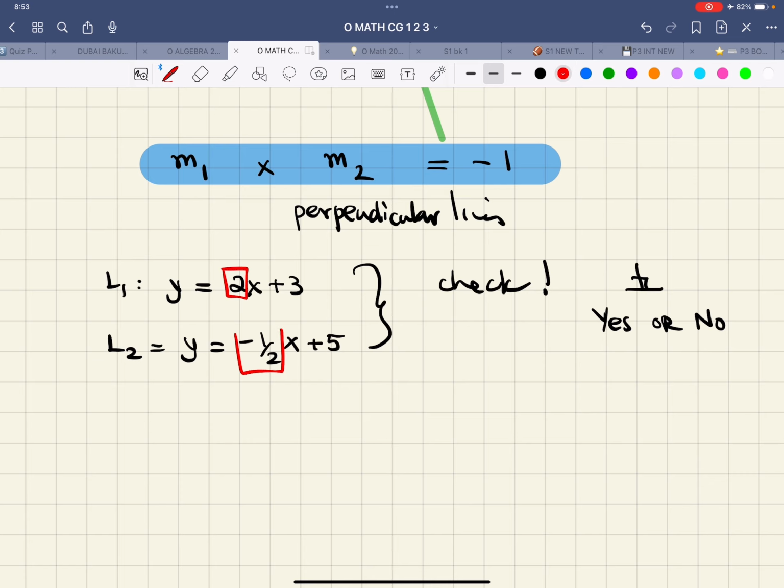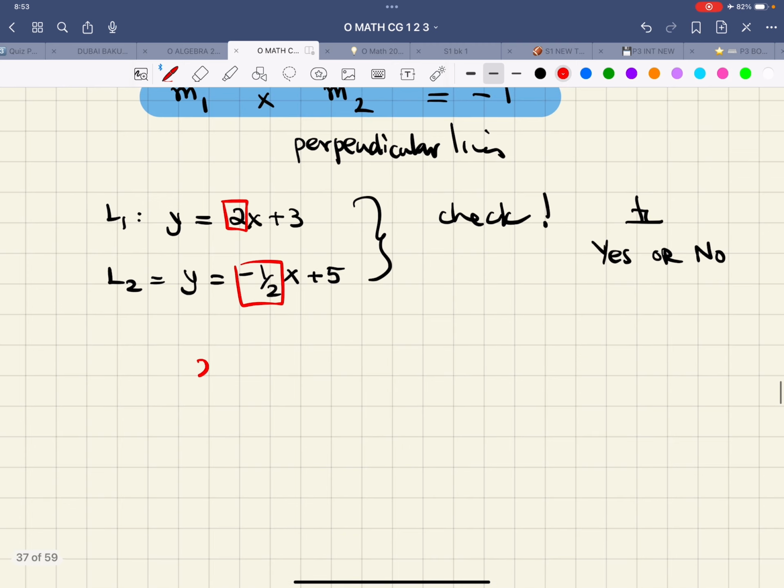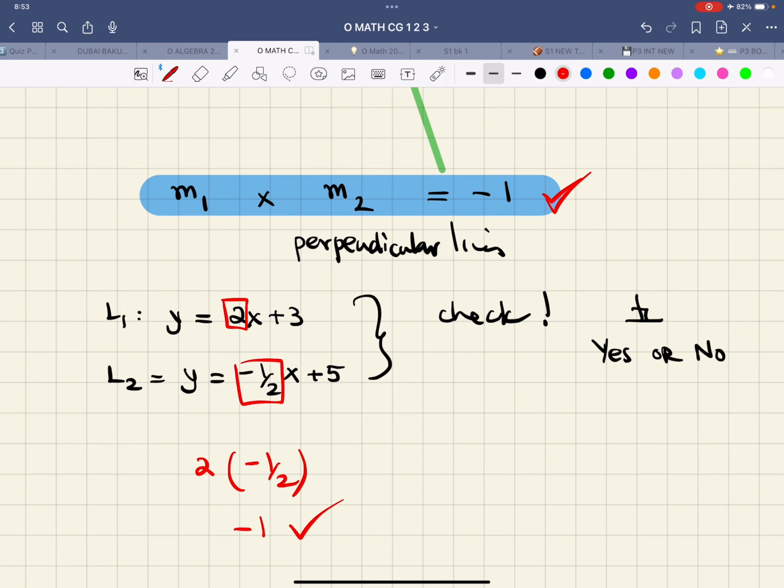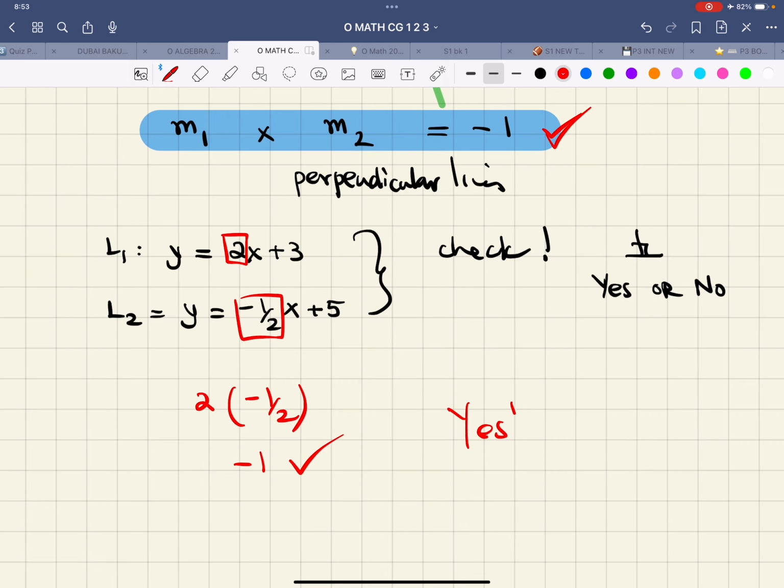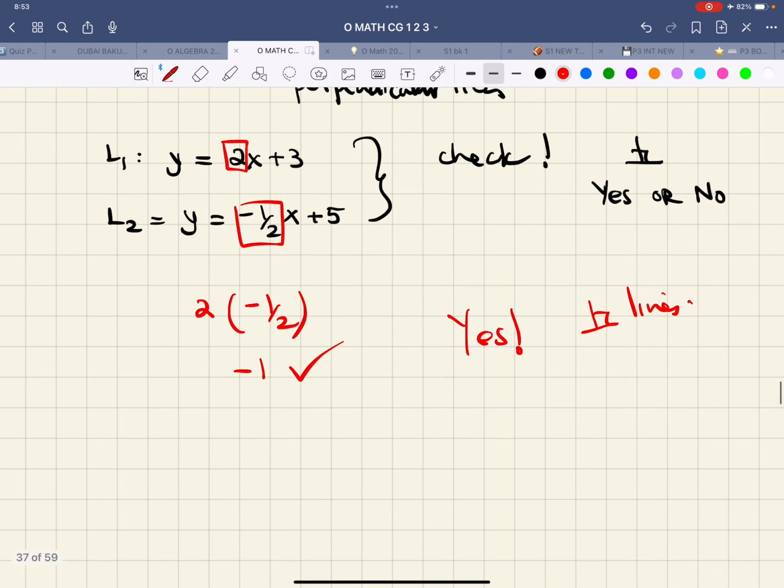The gradient here is negative half. So 2 into negative half, if I multiply, I get negative 1, which fulfills this criterion. Yes, they are perpendicular lines. That's how you will judge.